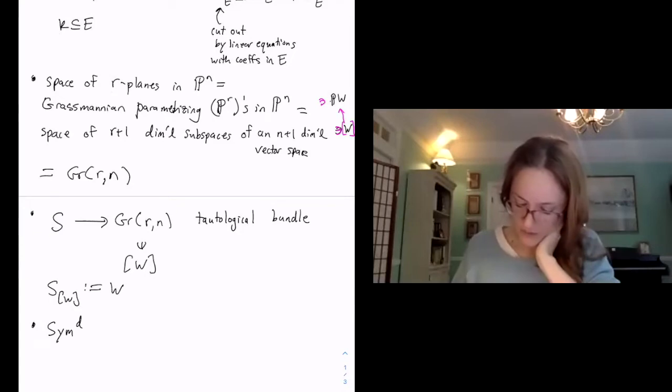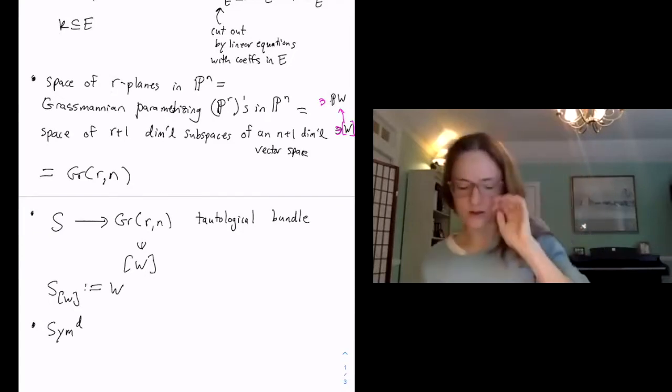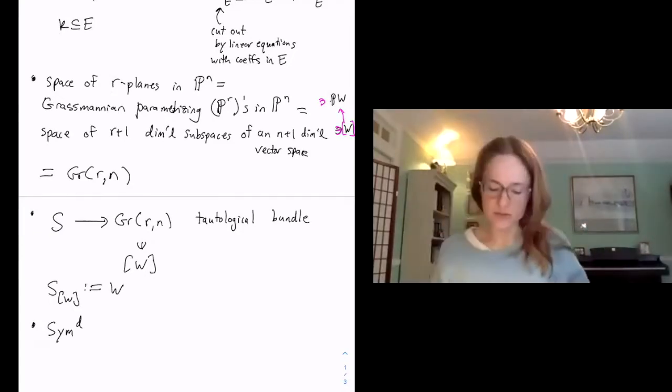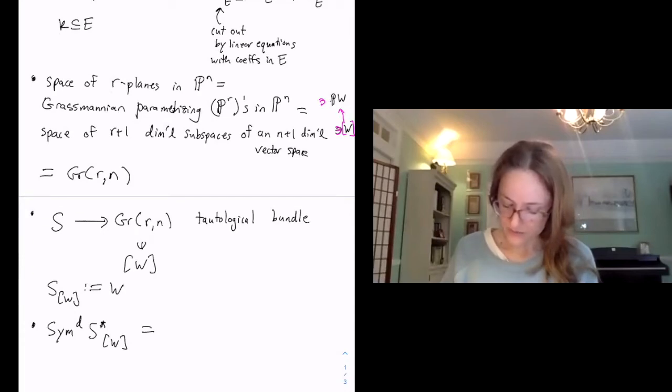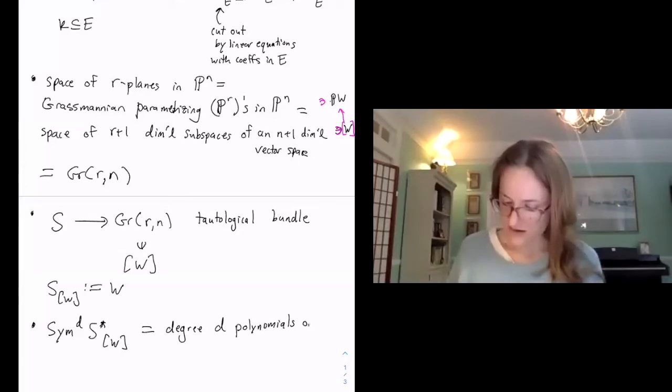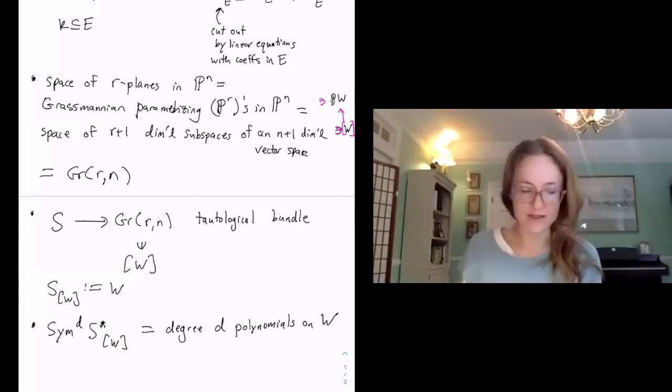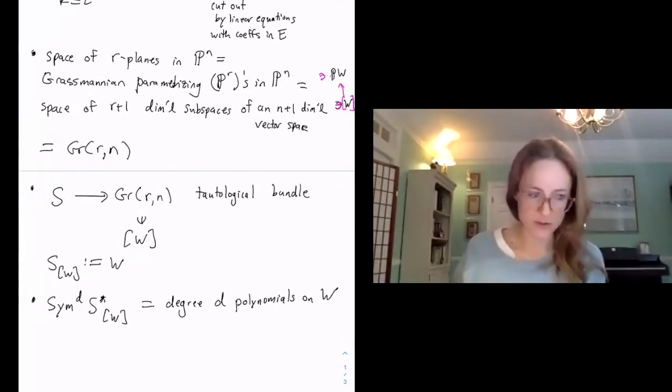The one that comes up for looking at these complete intersections is Sym^d of the dual of S. This is the vector bundle on the Grassmannian, which at a point W gives the degree d polynomials on the vector space W.